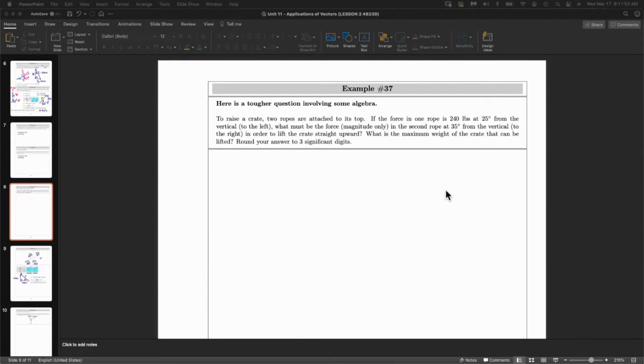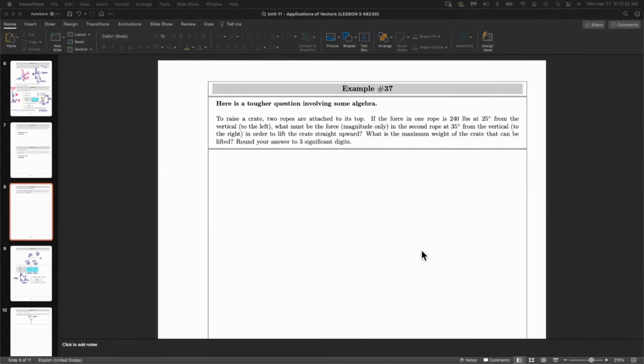And it says here, what must be the magnitude of the second force so that the crate is lifted upward? And I mean straight upward. So it has to go in a completely vertical direction and not go sideways. And then it asks for what is the maximum weight that these ropes can withstand.